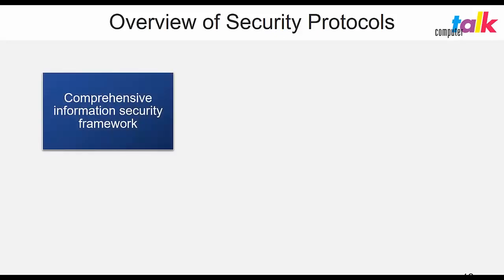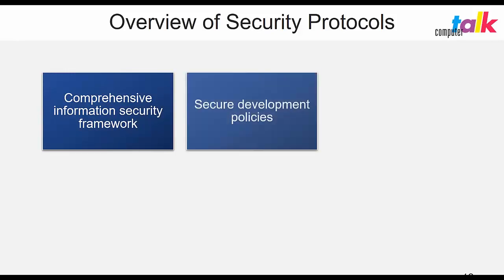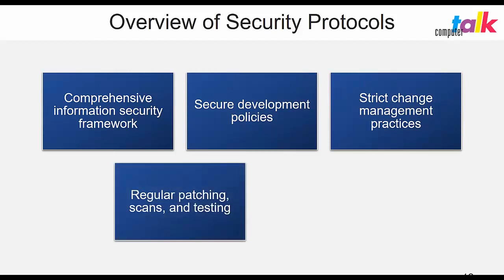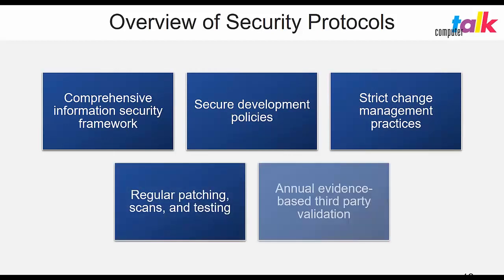And they're looking for areas such as secure development policies, strict change management practices, regular patching, scans, and testing. As well, they're all evidence-based evaluations, typically in the form of yearly audits conducted by a third party. Each audit is conducted differently, with a focus on different core features. So let's dive into those specific standards that we mentioned before and find out more about their core features.